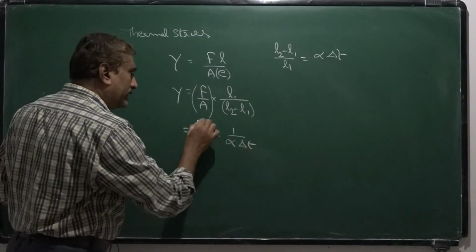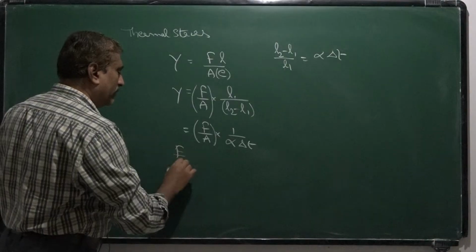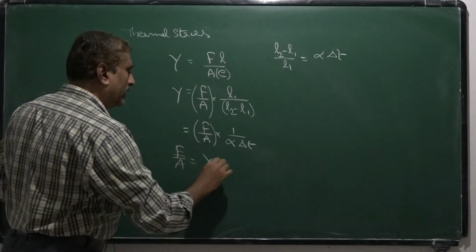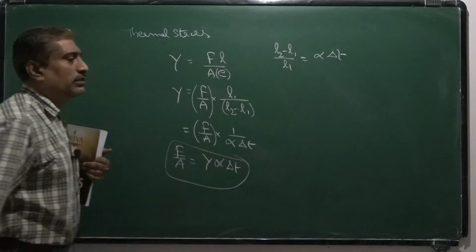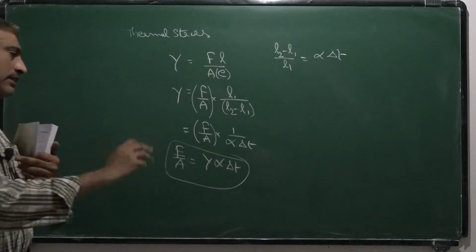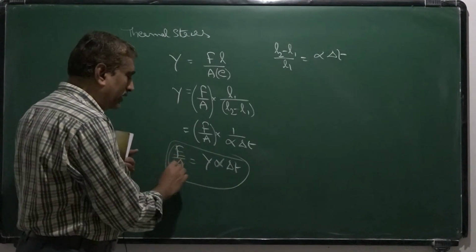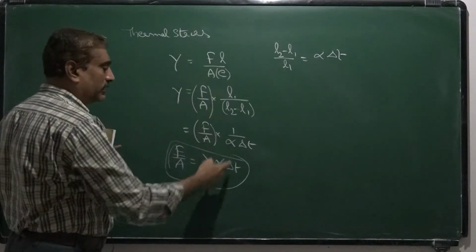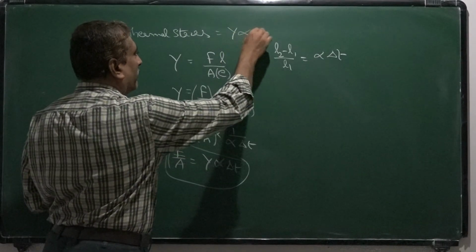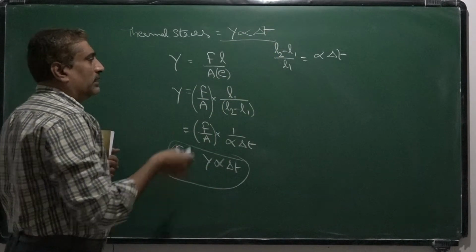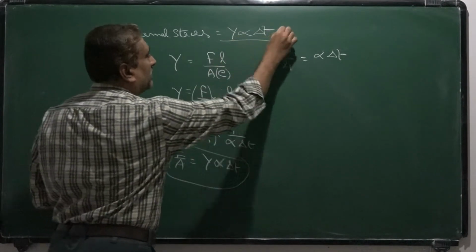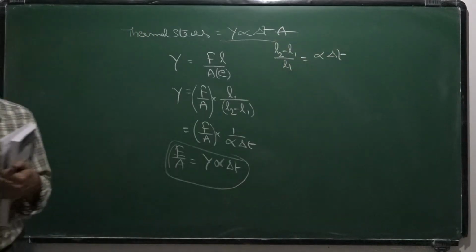Now this thermal stress F by A is given by Y alpha delta T. So you also remember this one. This is the relation between elastic nature and thermal expansion. So this is called thermal stress, given by Y alpha delta T. You remember this. If you are asked to find the force, then it is multiplied by area, so that we will get the thermal force.